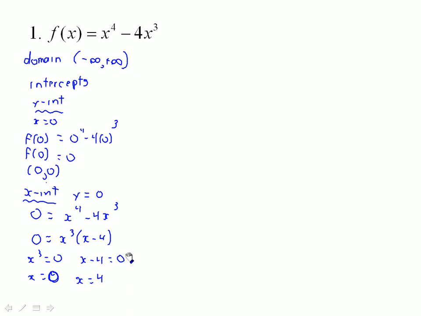Now, after we get that done, we consider the asymptotes and see if there's anything noteworthy happening with these. So for asymptotes, we would note any vertical asymptotes are none, right? There's no denominators. Horizontal asymptotes, there are none either.